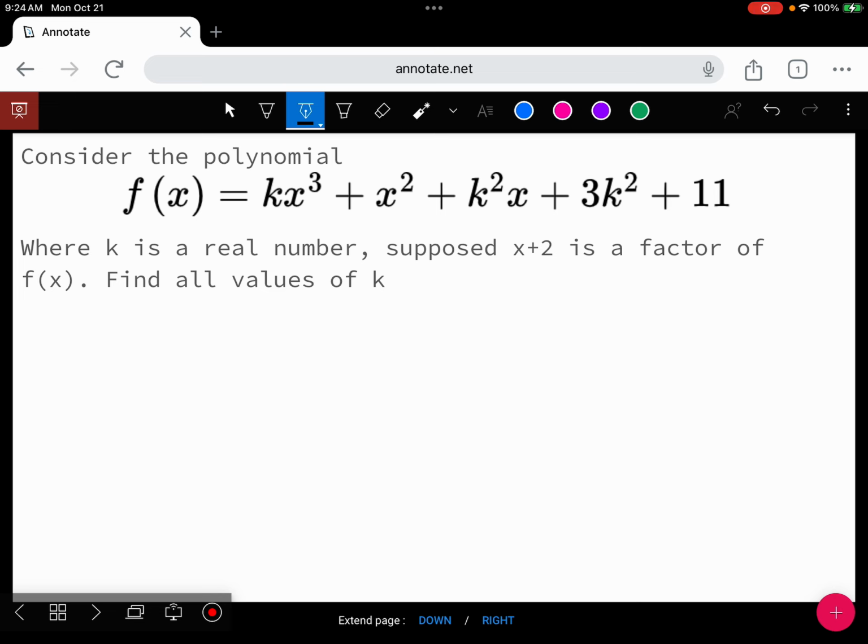So now we have f of x equals kx cubed plus x squared plus k squared x plus 3k squared plus 11. So there's a lot more pieces in here. Where k is a real number and x plus 2 is a factor of f of x.